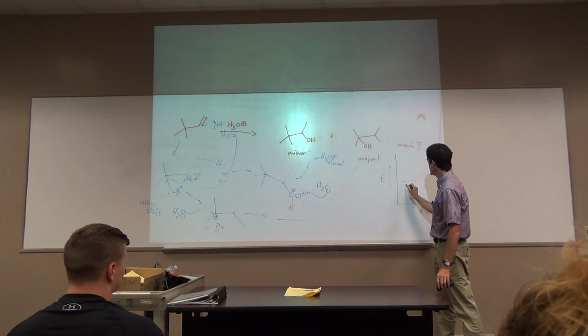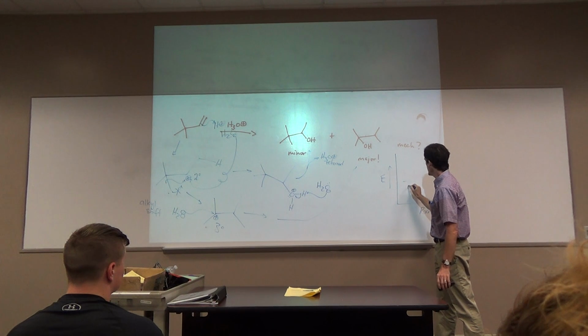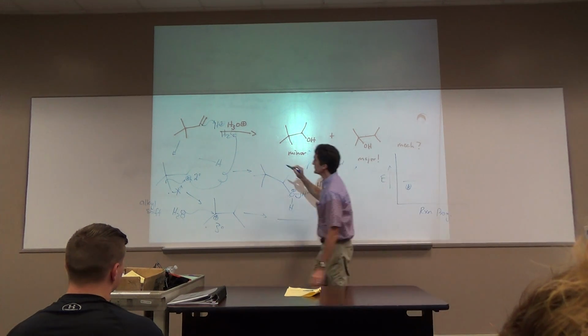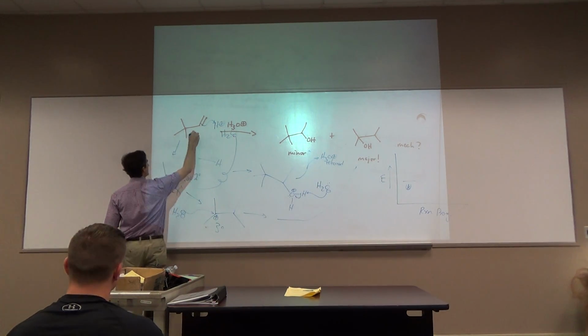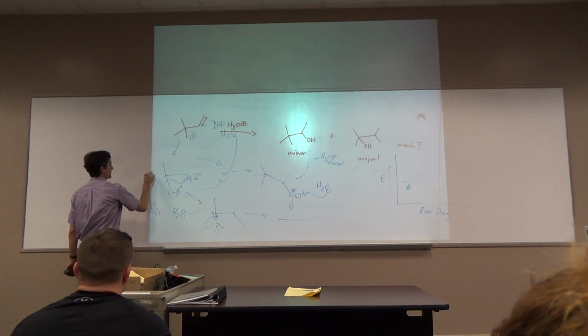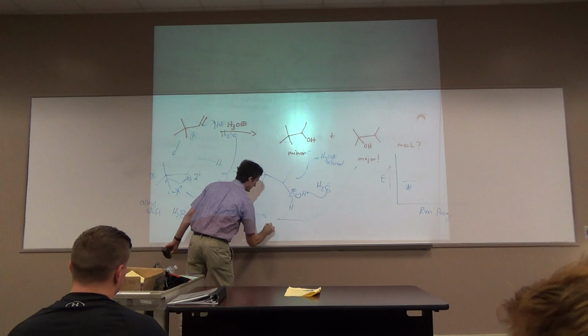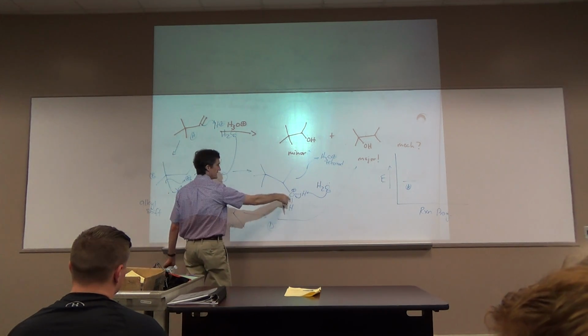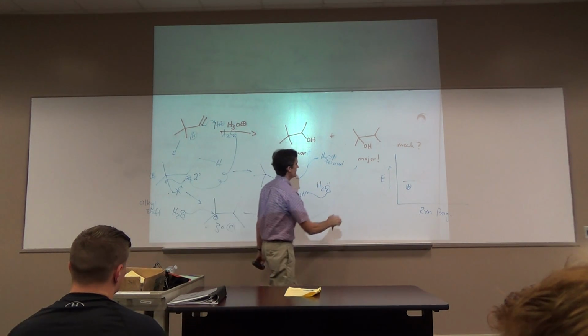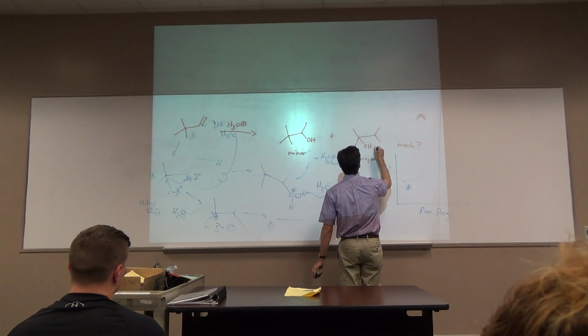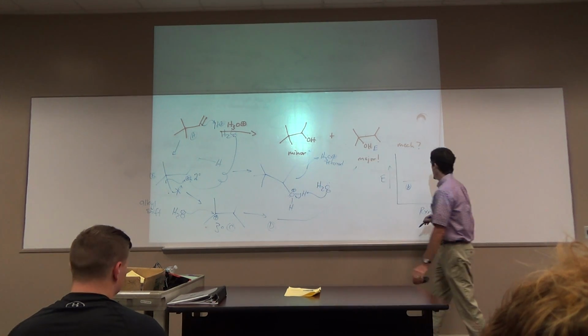The alkene, I'll call it A, so we don't have to draw structures. First intermediate B, then this is C, this is D. D is going to look like that, except it's going to be bonded there, and then finally E. A is there.